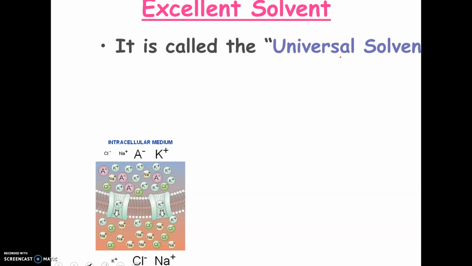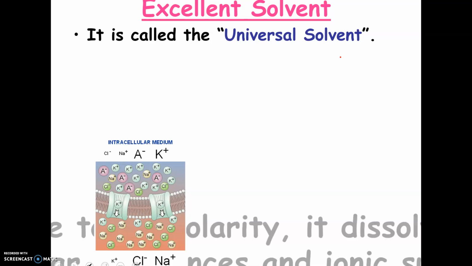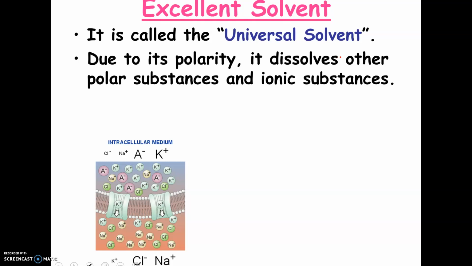So the first property of water we're going to talk about is what a great solvent it is. A solvent, if you don't remember from chemistry, dissolves things. A solute is what gets dissolved in the solvent. And water is often called the universal solvent, even though it is not universal. It does not dissolve everything, but it does dissolve other substances that are polar and typically dissolves most substances that are ionic.